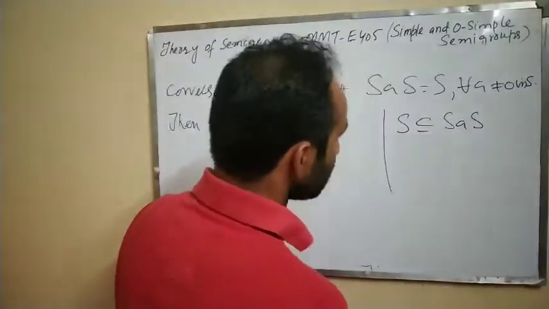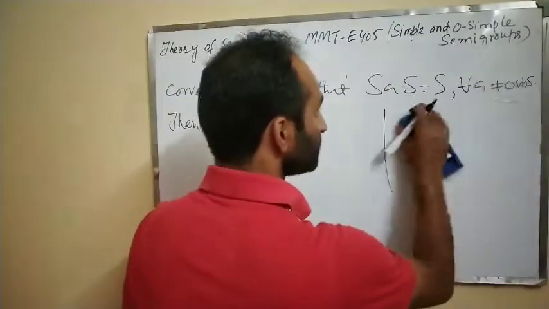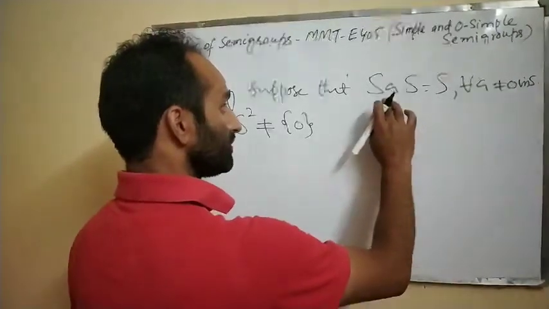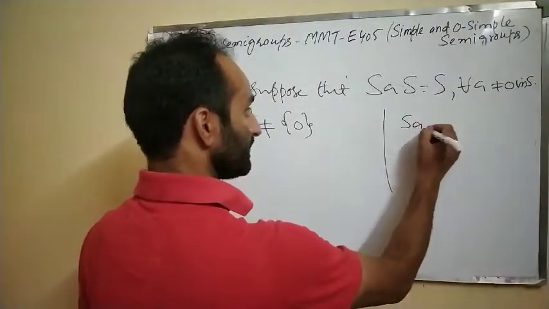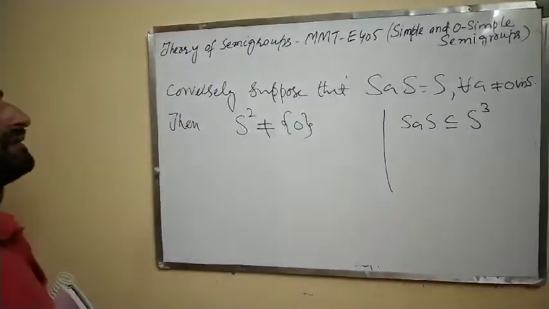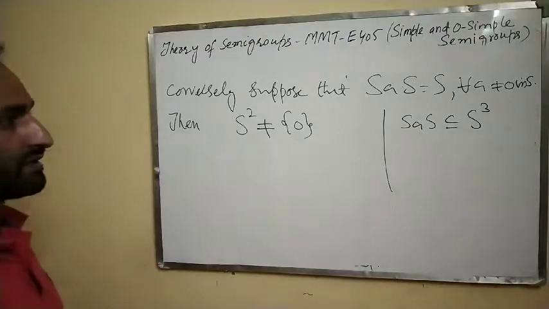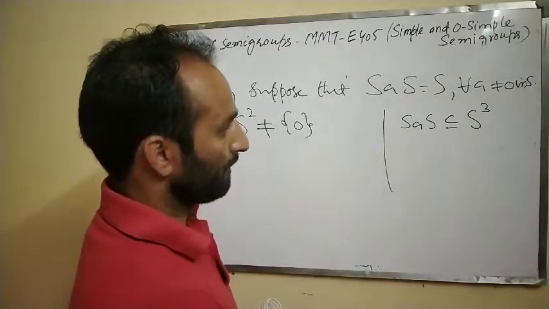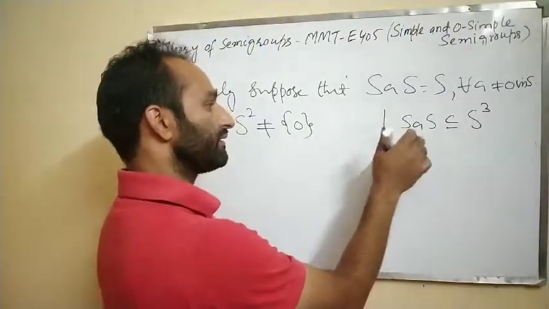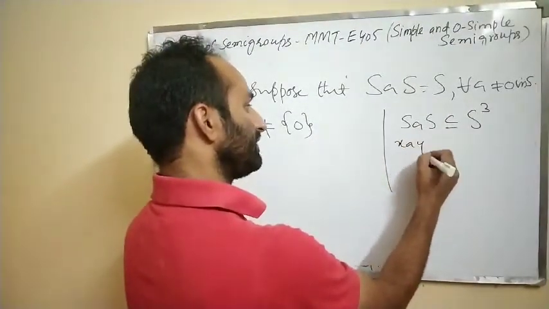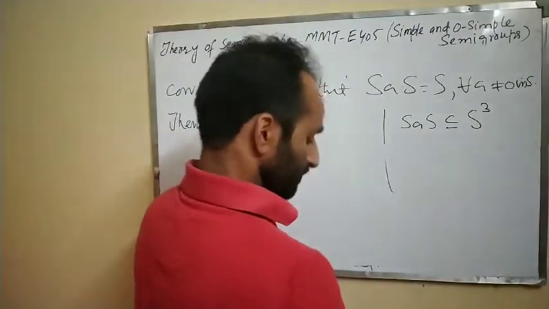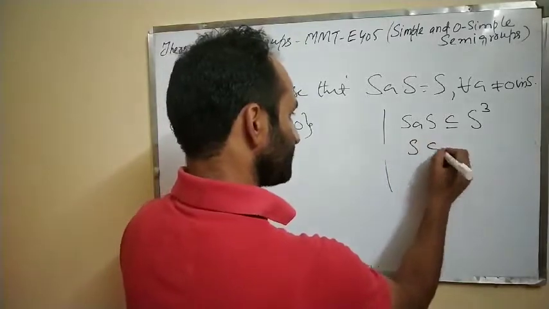SAS is a subset of S cube, it's the product of three elements of S. If you choose any element here, it's of the form x, a, y, and that always belongs to S cube. So S is a subset of S cube.